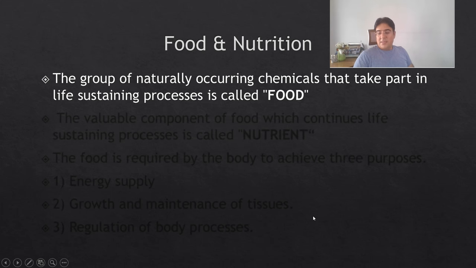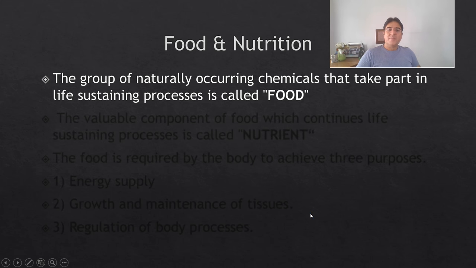Okay, this is a key. I'm not gonna eat the key because it's not gonna help me sustain my processes. Okay, so we call those chemical compounds as food, which can take part in the life sustaining processes.